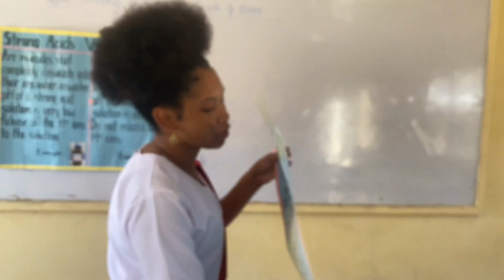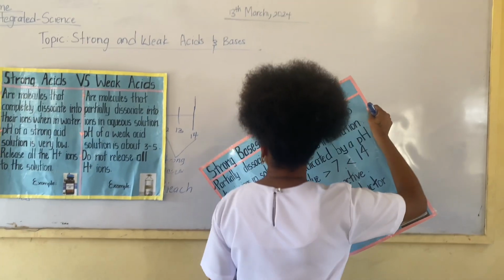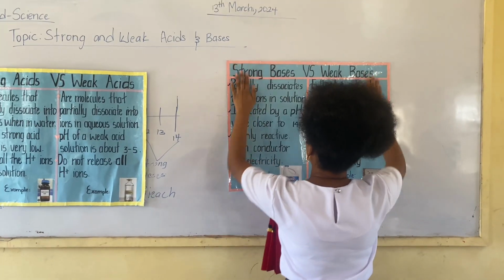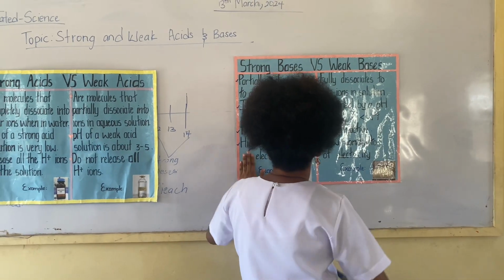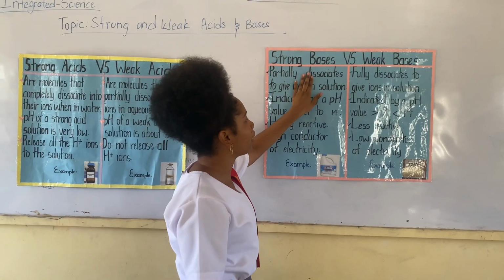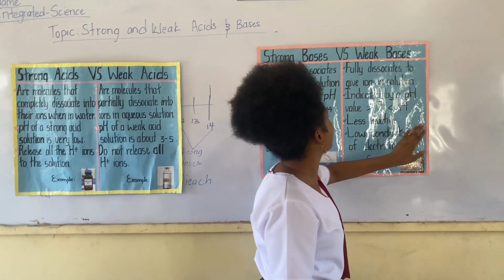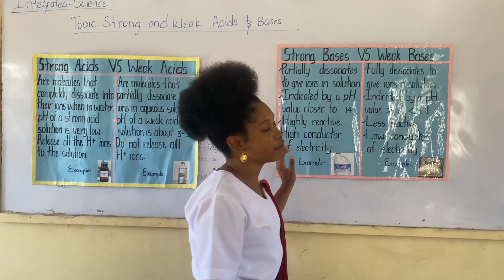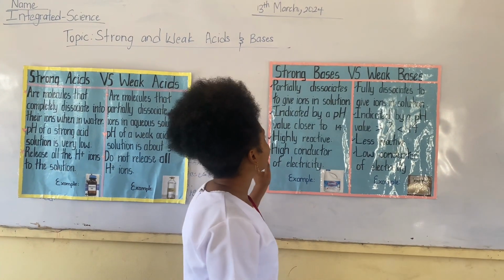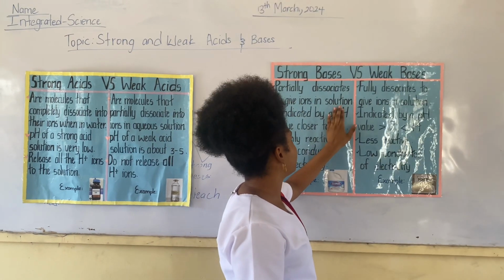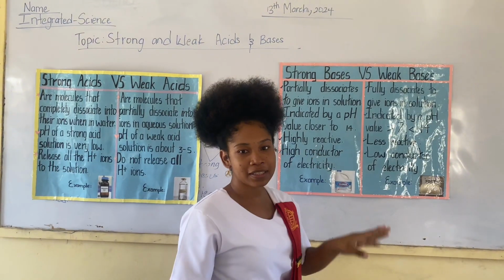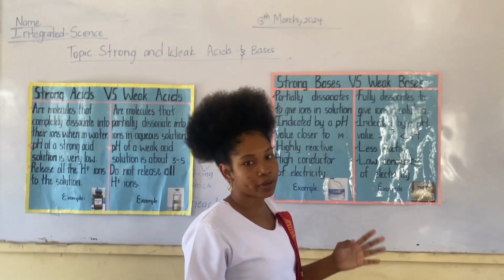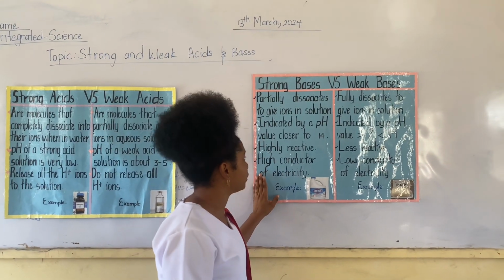So I have another chart here. We have strong bases versus weak bases. The first point says that strong bases fully dissociate to give ions in solution. So like strong acids, strong bases fully dissociate, or fully break down, when in solution.